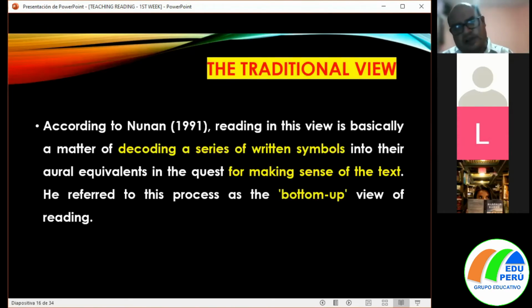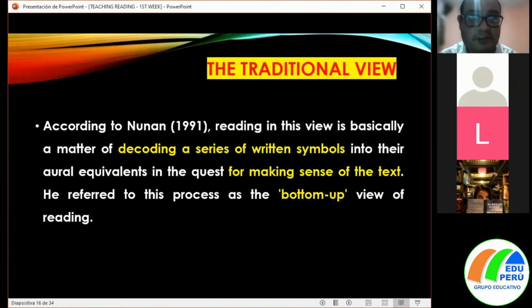According to Nunan, another linguist, reading in this view is basically a matter of decoding a series of written symbols into their oral equivalents in the quest for making sense of the text.